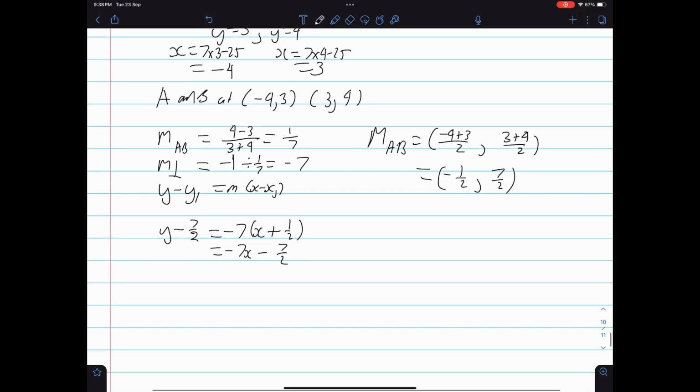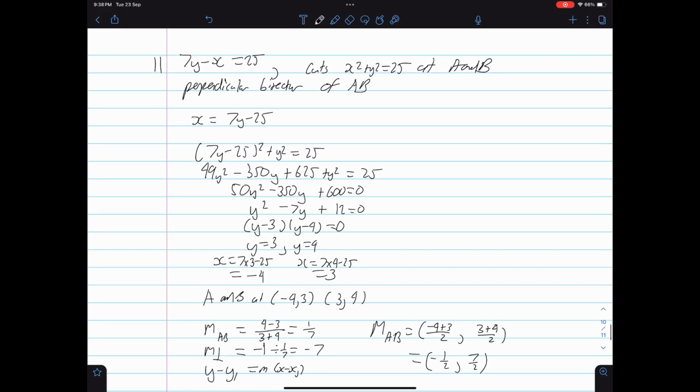Minus 7 over 2. So y equals minus 7x. And you could write this as 7x plus y equals 0. But either of them are fine.